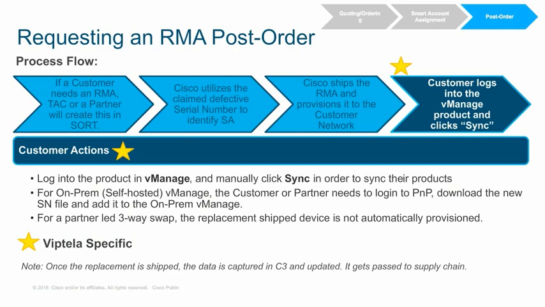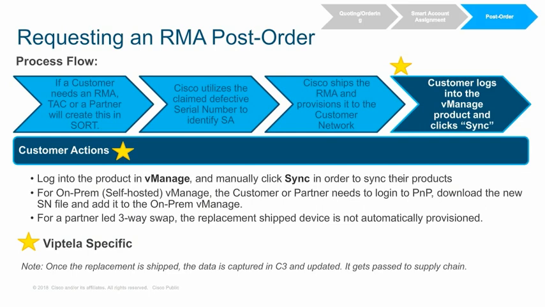The customer will then be responsible for logging into vManage and manually clicking sync in order to sync their products. For on-prem or self-hosted vManage, the customer or partner needs to log into PMP, download the new SN file, and add it to the on-prem vManage.